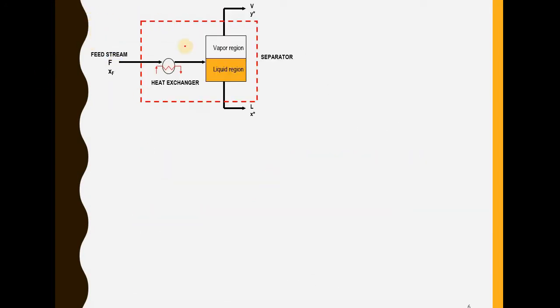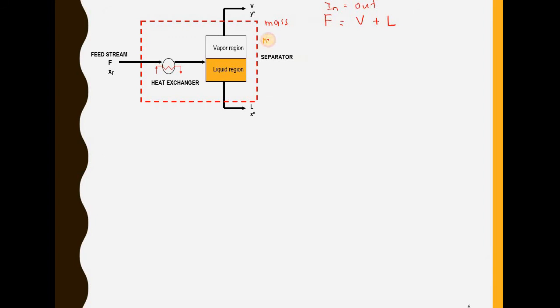If you can see the mass balance here, if I write it for you, this is F in, and in will be equal to out, in terms of mass. So F is equal to V plus L in the exit stream.